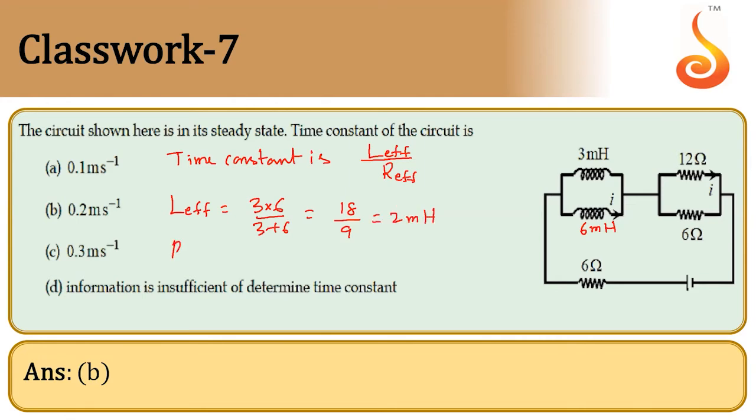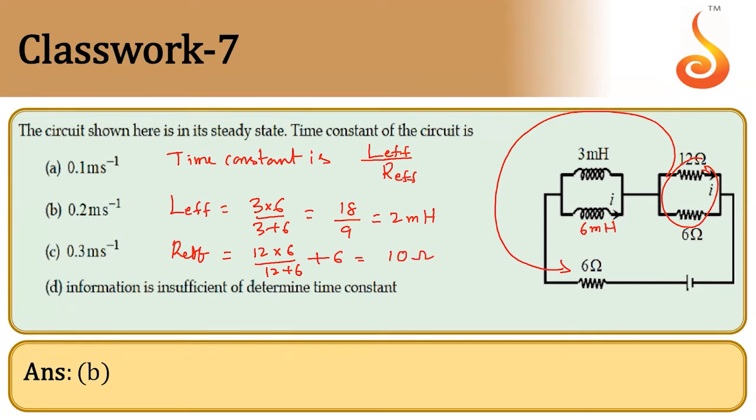Now what is R effective? These two are in parallel, and together they are in series with this. So R effective equals 12 into 6 divided by 12 plus 6, plus 6. How much do you get here? You'll get 10 ohm. Check it.